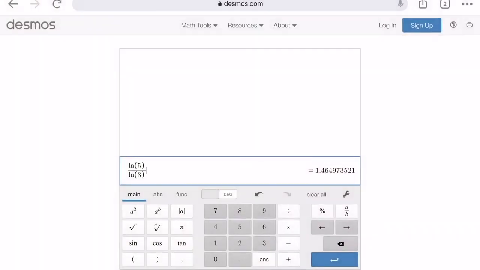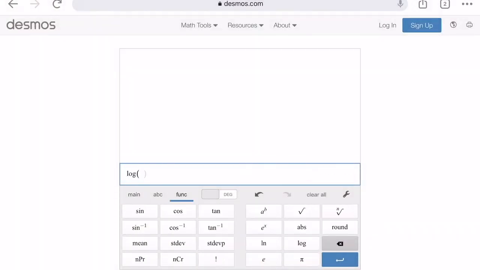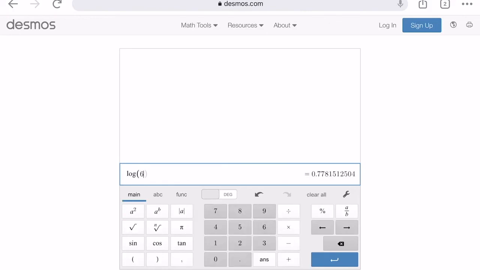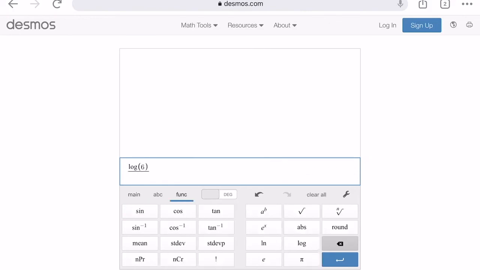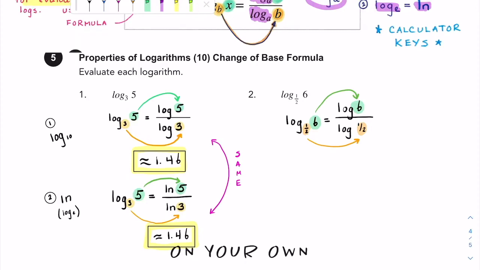Type it into our calculator. And off to the right, our solution is negative 2.58.